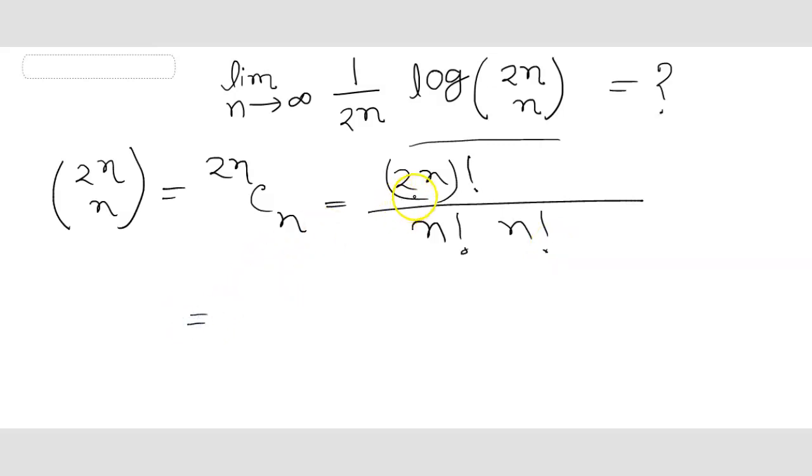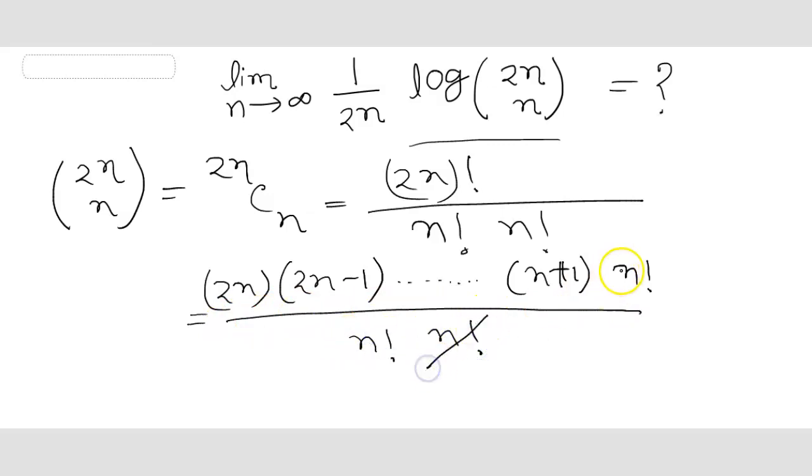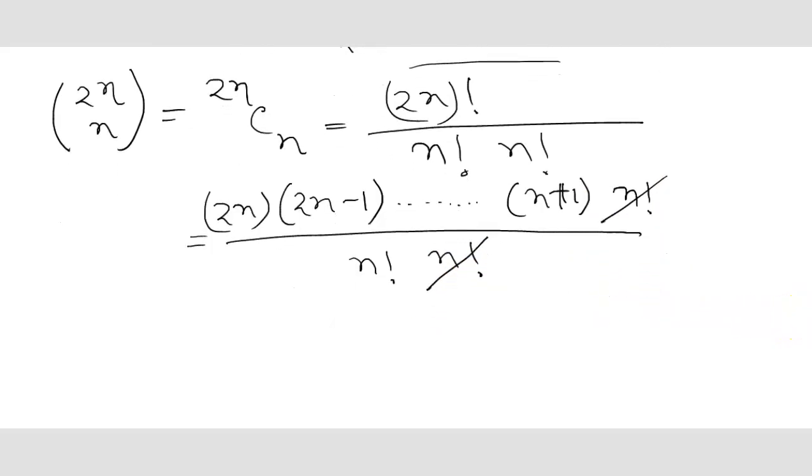Now if we expand the first part, that is 2n factorial, it becomes 2n, 2n minus 1, and so on, down to n factorial, and after the n factorial the next term will be this. Down below there are also 2n factorial, and this n factorial and this n factorial simply cancel out. So now we are left with simply these things.